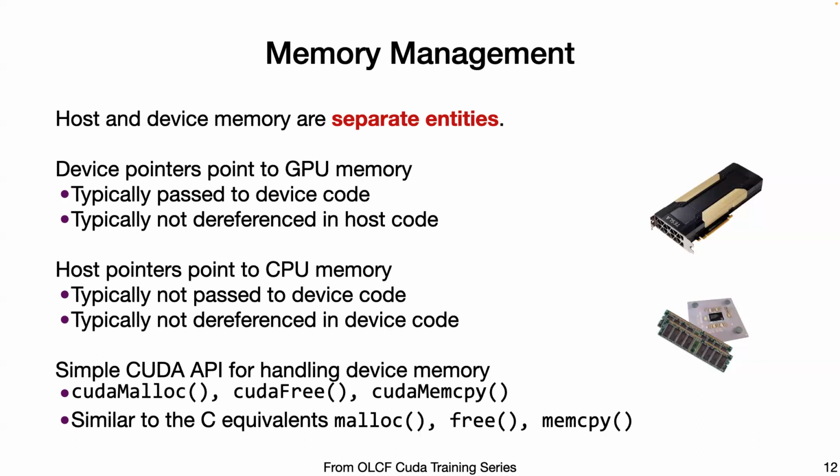Usually the way it works is that you make some data either through malloc or stack allocation in host memory, and then you use cudaMalloc to make a similar allocation on device memory, and then copy the memory from host to device.